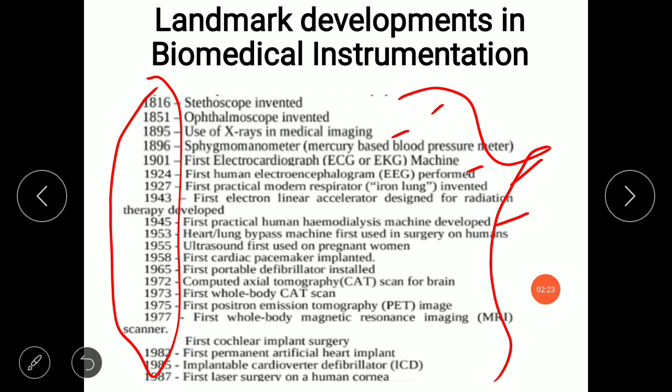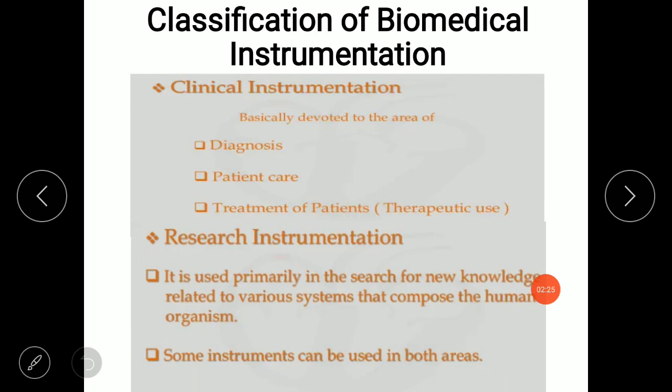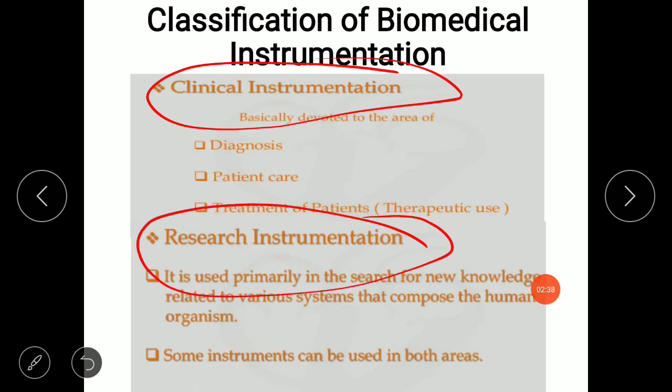So now moving ahead to the classification of biomedical instrumentation. Biomedical instrumentation can generally be classified into two major categories, clinical instrumentation and research instrumentation.